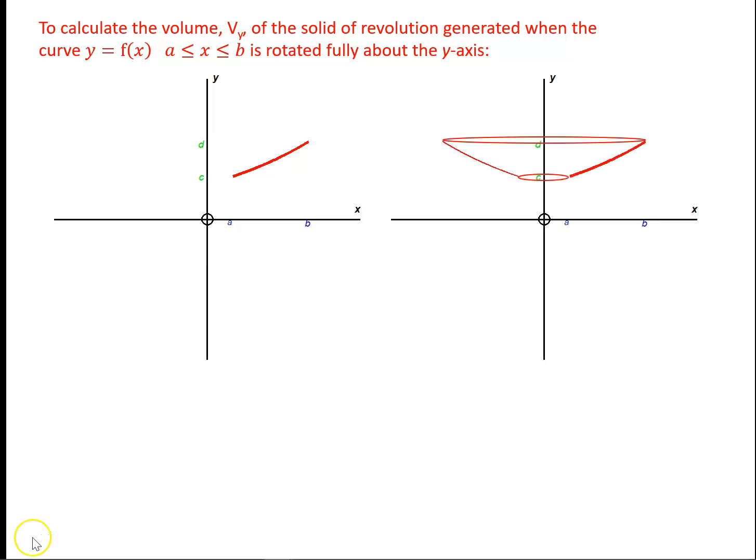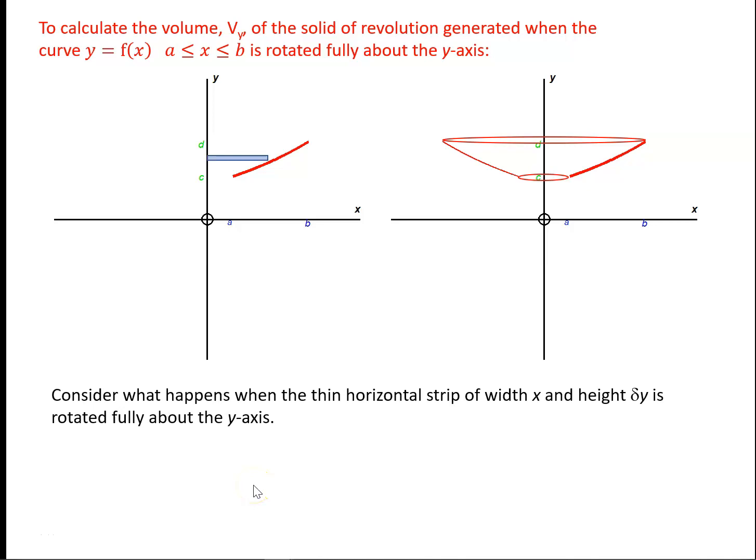So, to evaluate this volume, we need to start by considering a small strip which is perpendicular to the y-axis, starts from a point between C and D on the y-axis, and goes out to meet the curve. The width of this strip will be denoted by the x value of the point where the strip meets the curve, and the height of this strip we'll denote by delta y.